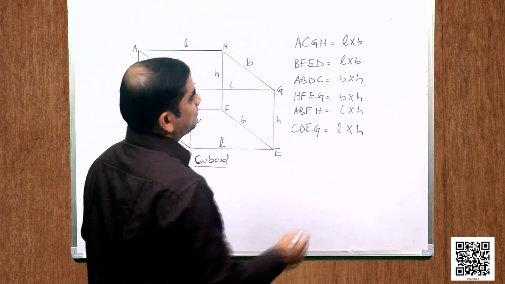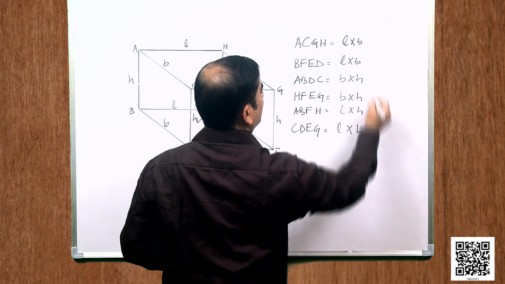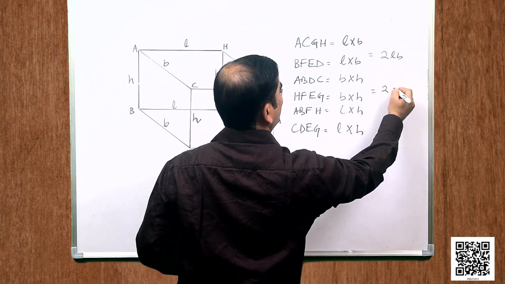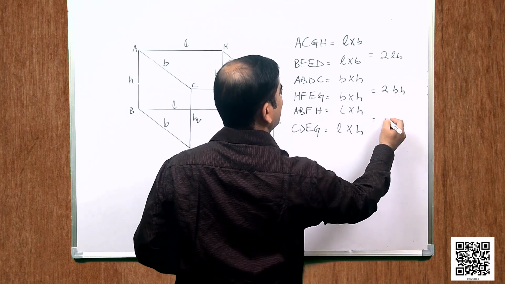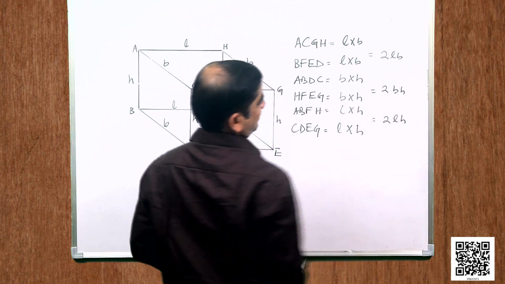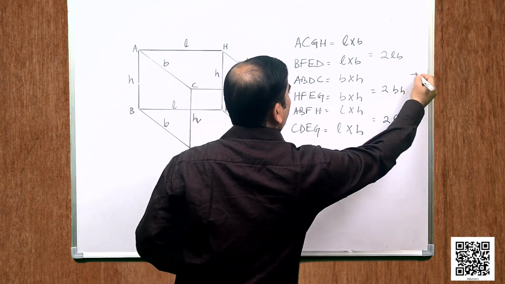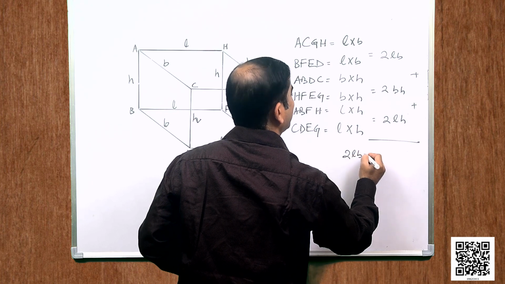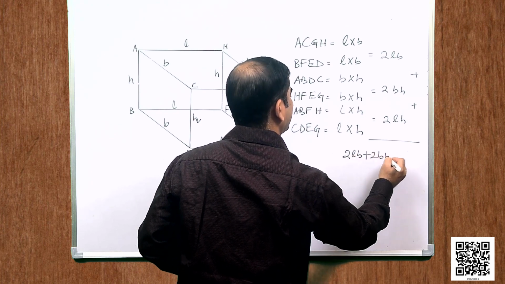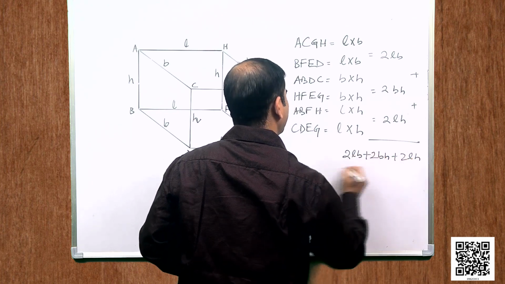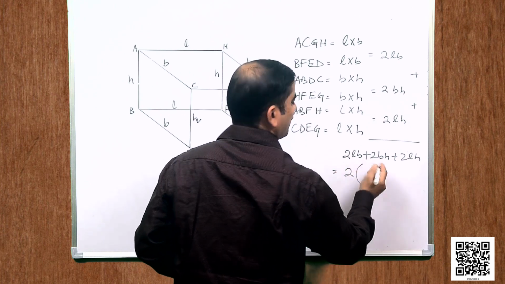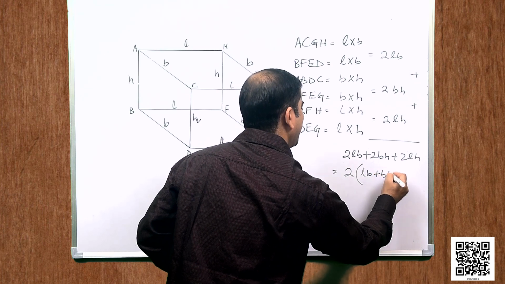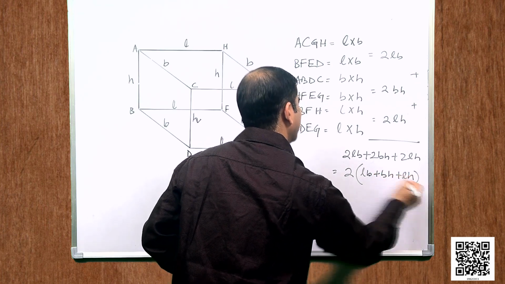So, from here you can see that when we sum up this, it is 2LB, 2BH and 2LH. So, when I add all the areas, I get 2LB plus 2BH plus 2LH, that becomes 2, if I take 2 as common, LB plus BH plus LH.